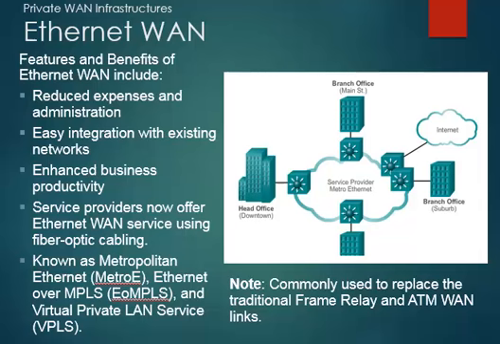Service providers now offer Ethernet WAN service using fiber optic cabling. The Ethernet WAN service can go by many names, including Metropolitan Ethernet, Metro E, Ethernet over MPLS, and Virtual Private LAN Service.